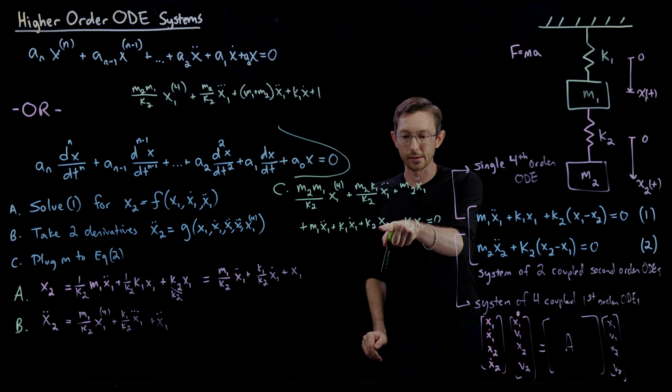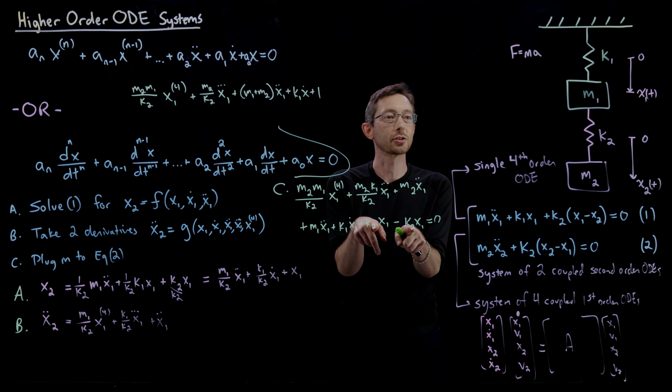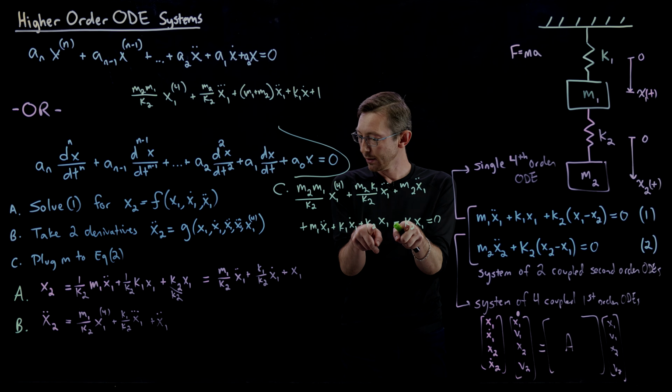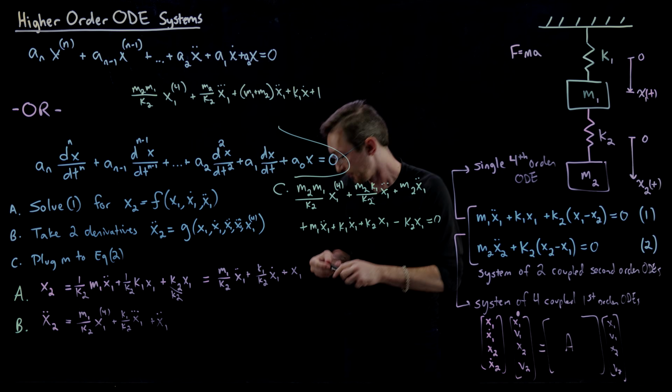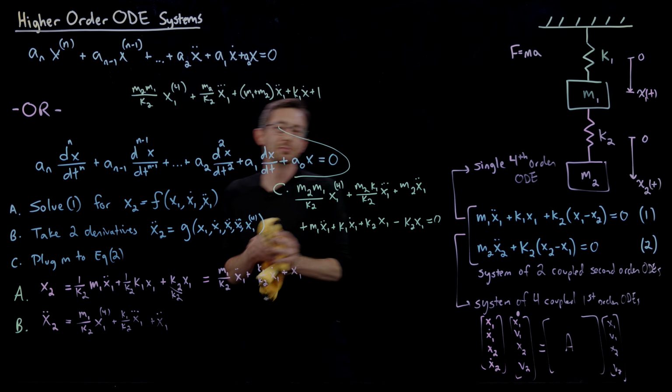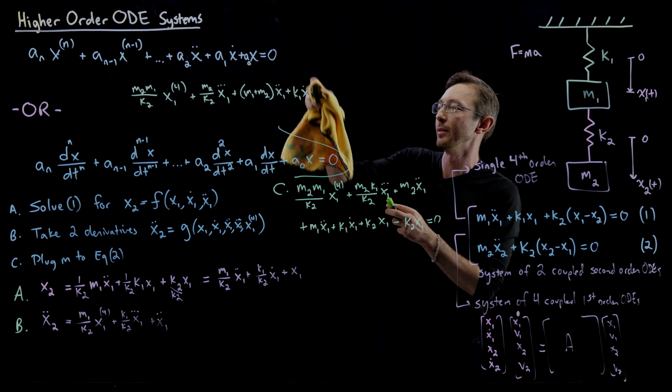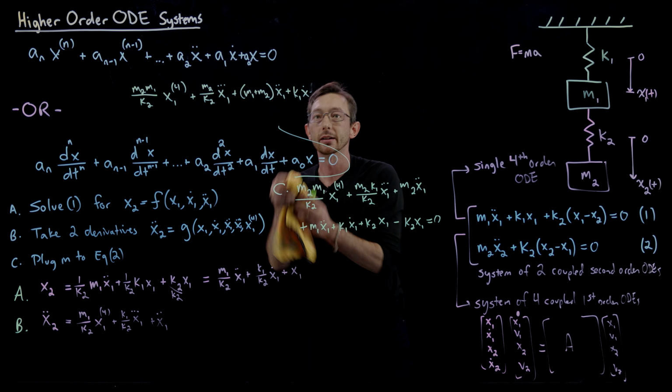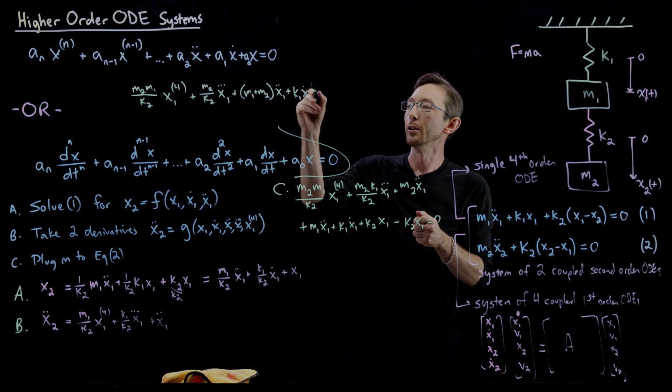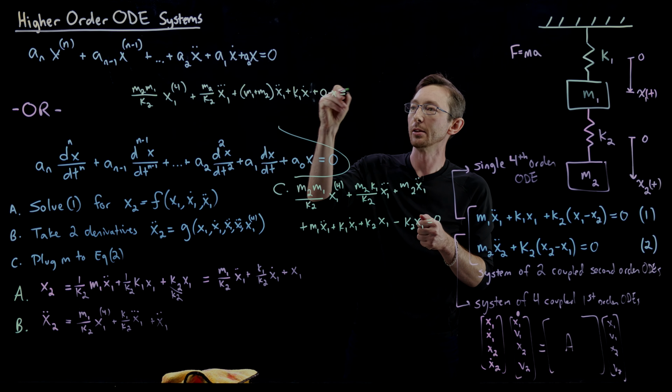I think my k2s cancel. Interesting. I think these actually cancel out, unless I messed up something. That might be true. Okay, you can double check my math. I very well could have made a mistake. I don't have notes for this, and I just kind of did this on the fly. Plus 0 times x1 equals 0.